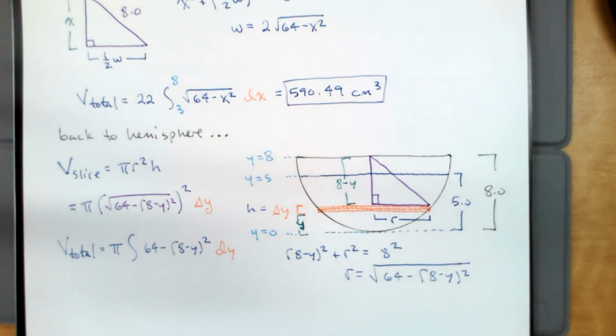And now the other big difference. Now, instead of integrating from 3 to 8, since y is measured from the bottom of the bowl, we're going to integrate from 0 to 5.